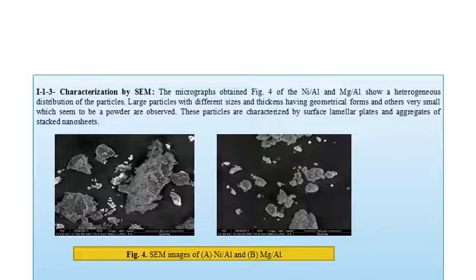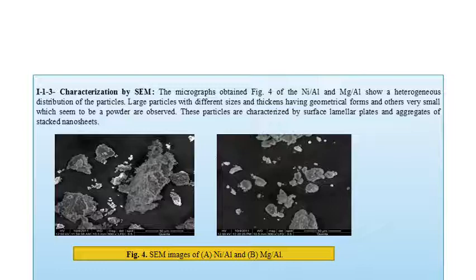Characterization by SEM. The micrographs obtained, figure 4, of the NiAl and MgAl show a heterogeneous distribution of the particles: large particles with different size and thickness, having geometrical form, and other very small ones that seem to be powder are observed.